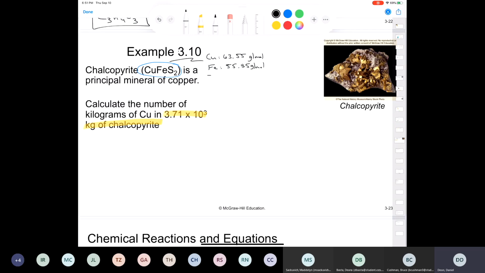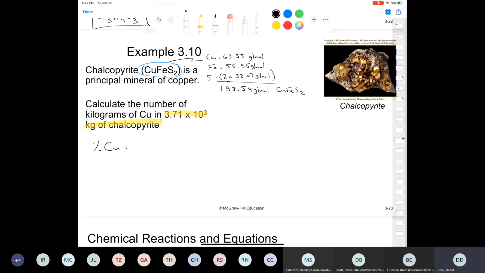There's one of those. For sulfur, there's two of those, so 2 times 32.07 grams per mole. You work that out, tally all those up, and I ended up with 183.54 grams per mole for my chalcopyrite, which is CuFeS2.